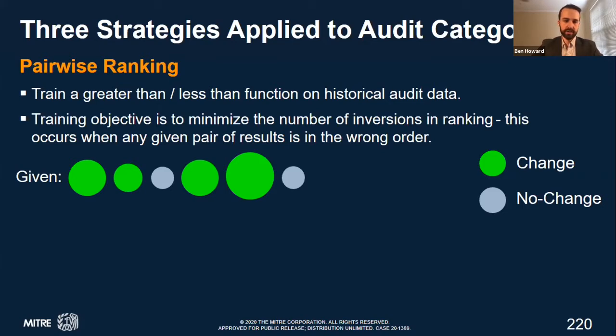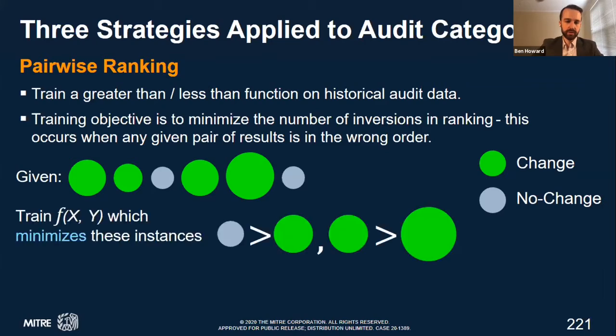To illustrate this, consider this very simplified example where you have a collection of circles. Gray circles are no changes, so $0, and green circles are changes, with higher diameter circles corresponding to more non-compliant or more revenue-bearing audits. During training, we are trying to train a function which minimizes the instances whereby a no change may be ranked above a change, or a change with lower non-compliance is ranked above a change with higher non-compliance.